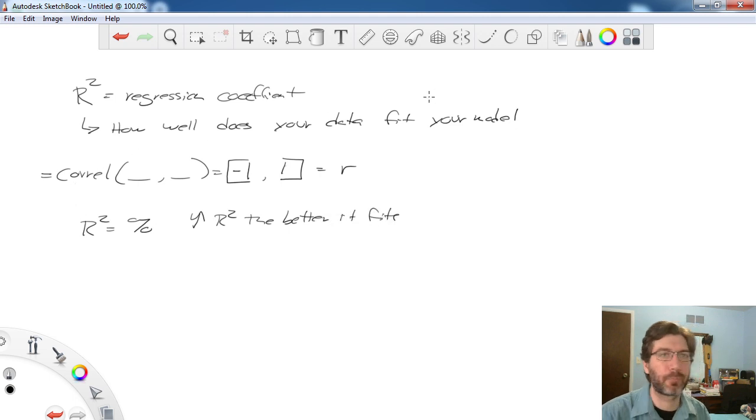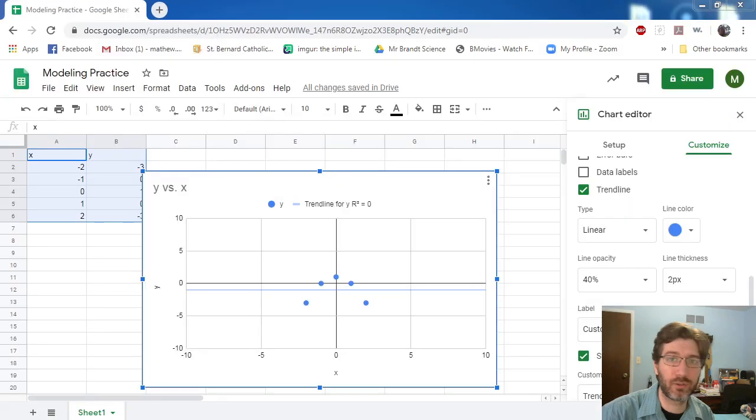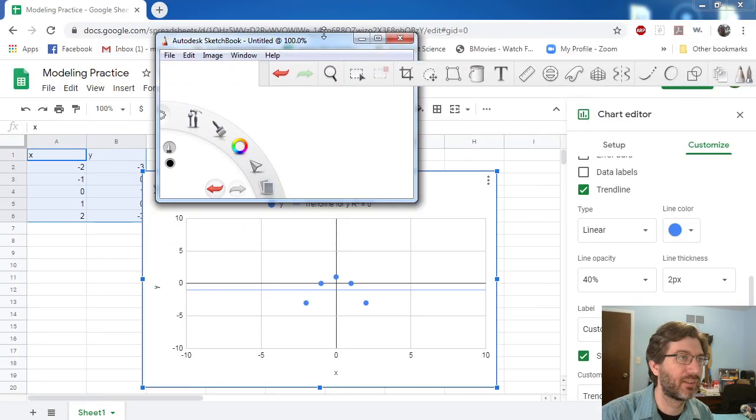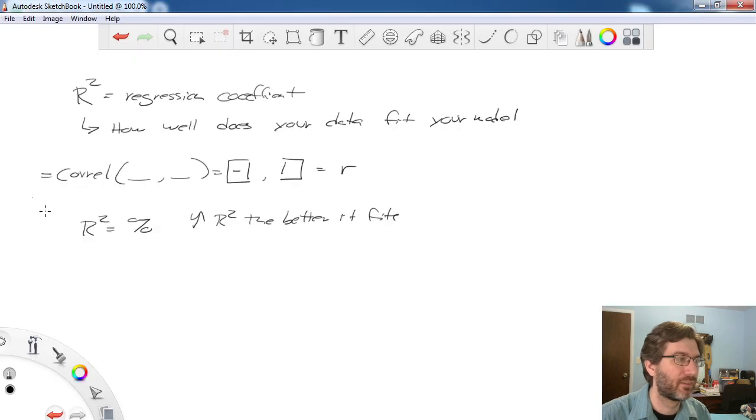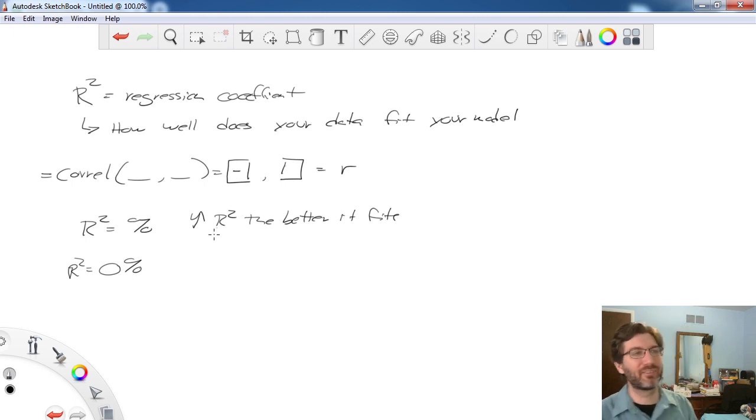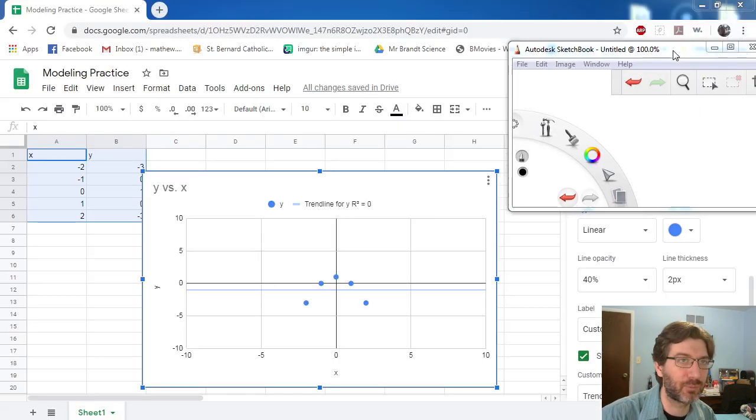So here, in our linear model, R squared is 0, meaning that is 0%. So for our linear model here, R squared equals 0%, it does not fit that model very well at all. And that's pretty obvious just by looking at it too.